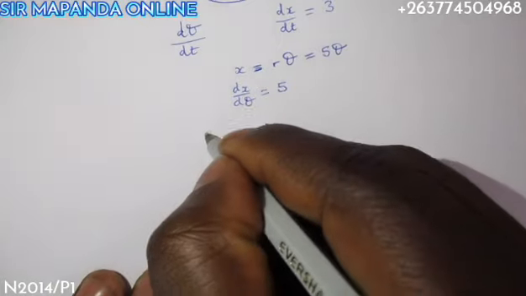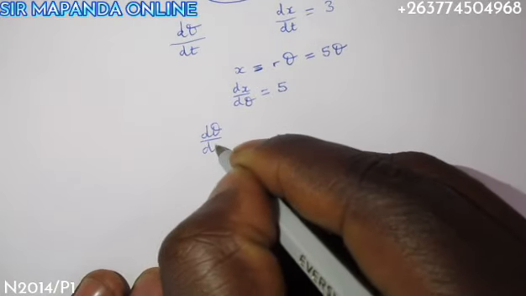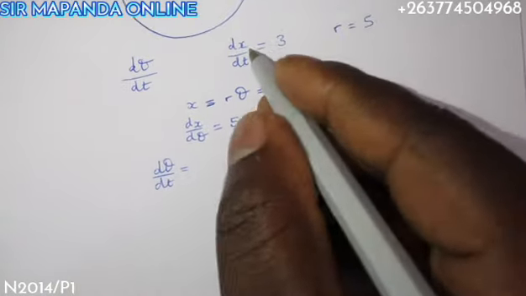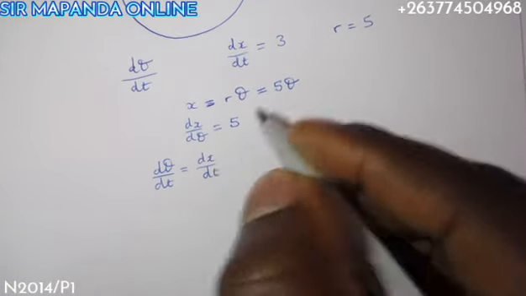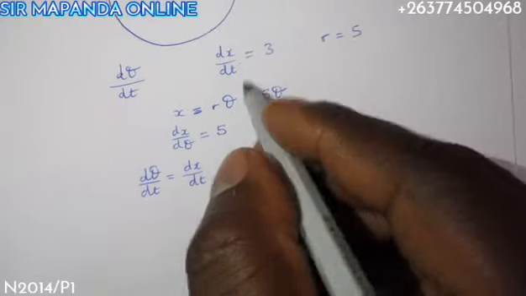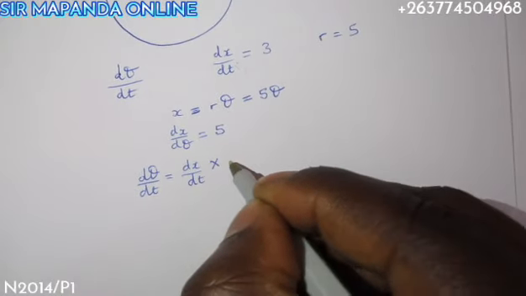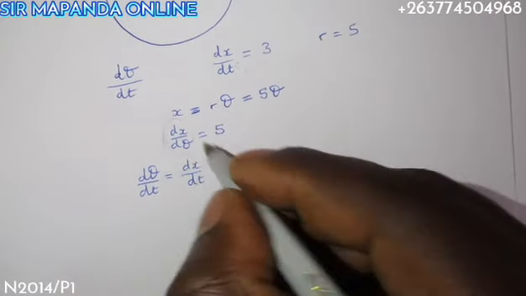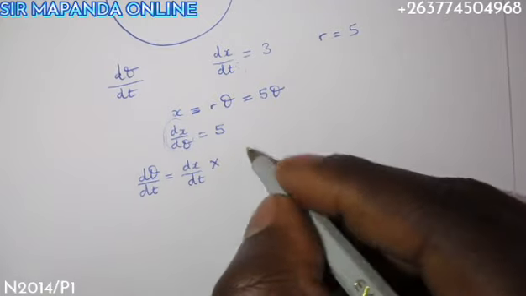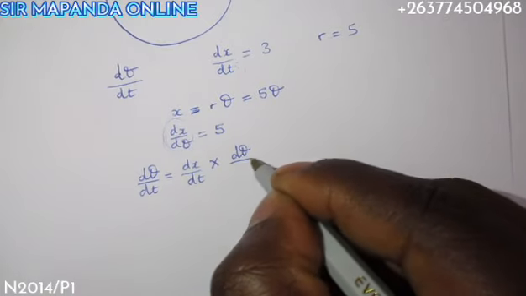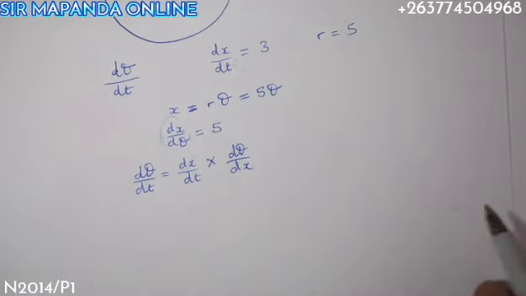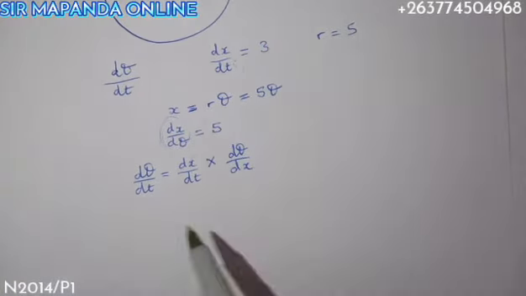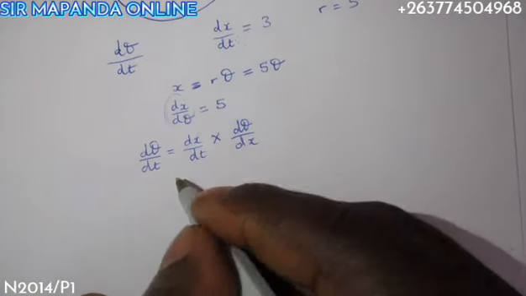Then you apply chain rule to find d theta over dt. You are saying dx over dt, this differential coefficient, multiplied by the reciprocal of dx over d theta, which gives you d theta over dx, so that dx and dx cancel off each other to give you d theta over dt.